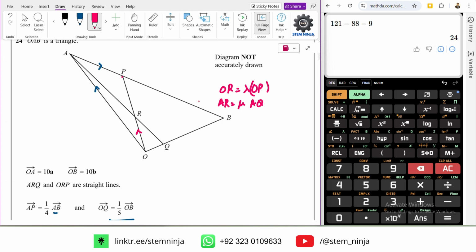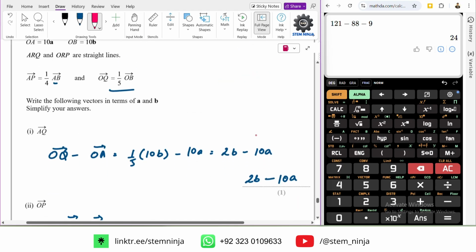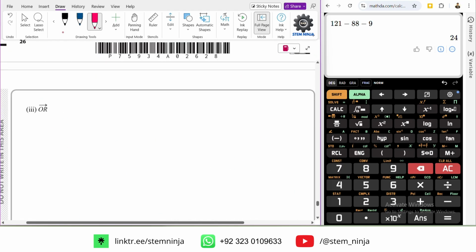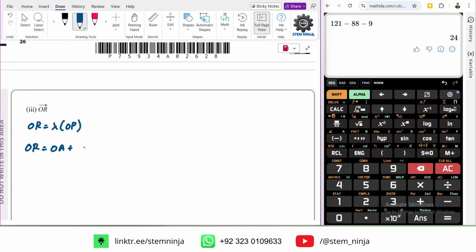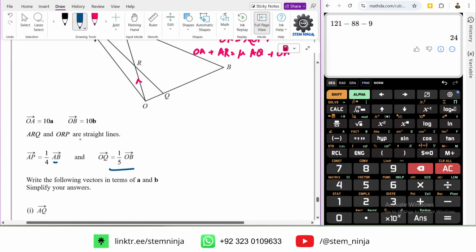So OR is OA plus AR. So there we have two different definitions for OR. One, OR was some scalar multiple of OP, and the other one was OA plus AR, which is some multiple of AQ.